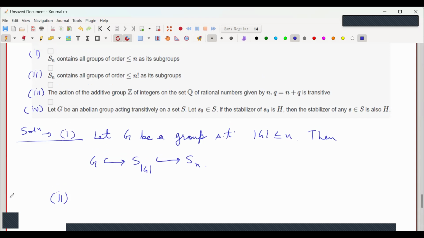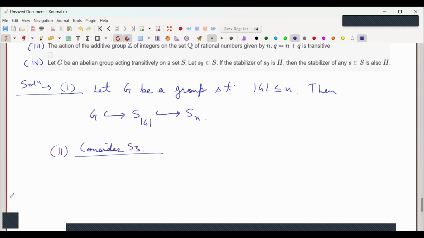It contains all groups of order less than or equal to n factorial as its subgroups. This is not true. For example, if I consider S3, then I know that S6 can't be its subgroup.